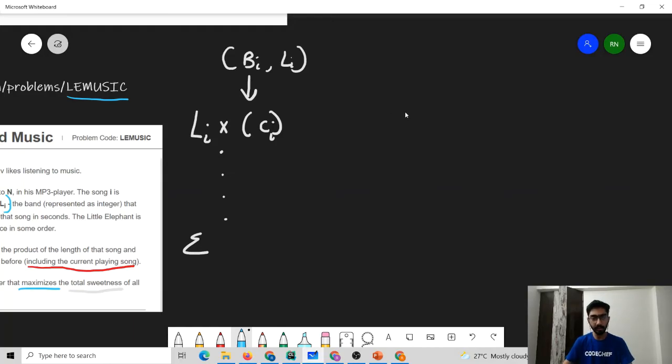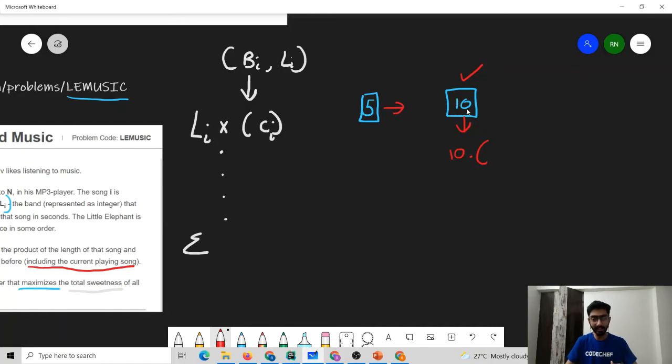That is, if there is a song that has a length of 10 and a song that has a length of 5, then it's always favorable to play the song with length 10 after the song with length 5, because if I play it later, then the contribution will be 10 times the number of bands that are played before it.